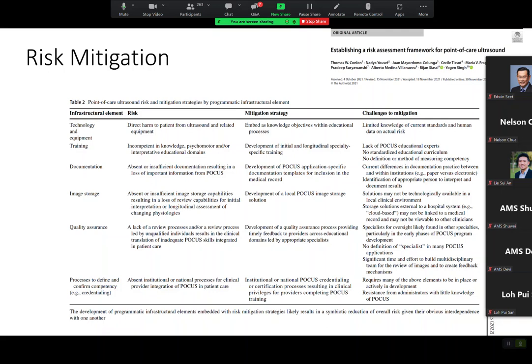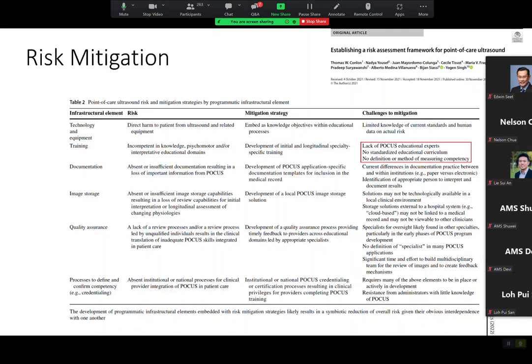So you can look at some risk mitigation strategies and challenges to risk mitigation. Training can be an issue. Lack of educational experts is frequently cited, and lack of standardized educational curriculum as well.